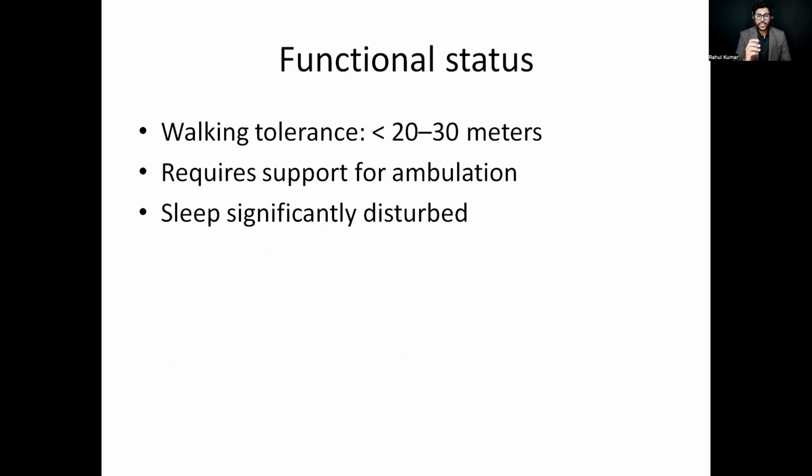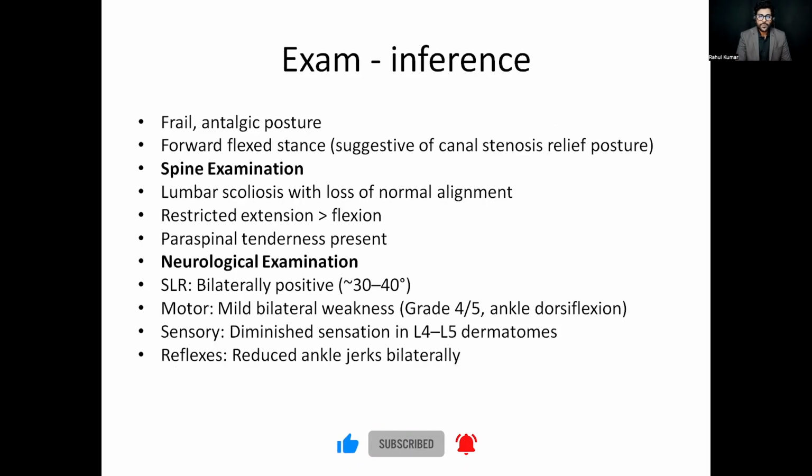So claudication, as you can see, less than 20 meters, she had to sit down and walk again and required support. So spine examination also revealed lumbar scoliosis, restricted extension, and straight leg raise test bilaterally positive at 30 to 40. Left one was even more severe. It was around 30 degrees and pain got really bad after that. And then sensory also got diminished a little bit and reduced ankle jerks.